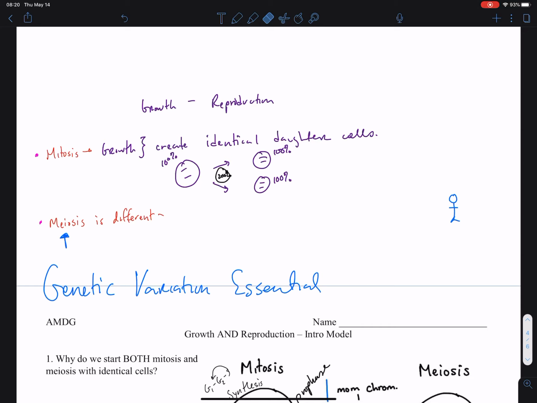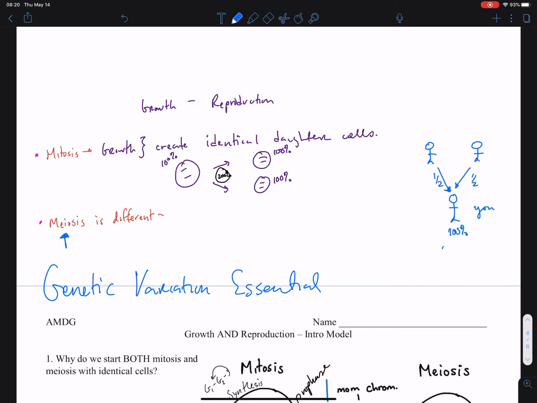Well, let's couple this with other things we know. If this is you, what are you made of in terms of your DNA? Well, you're made of your mom and you're made of your dad, and they each give you 50% of their DNA, and that makes the 100% of your DNA that's you, right?